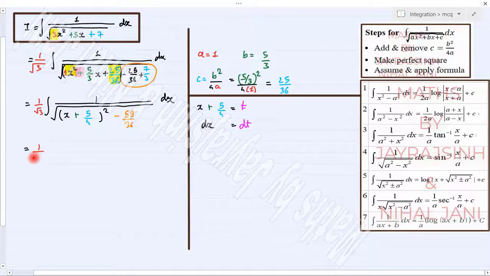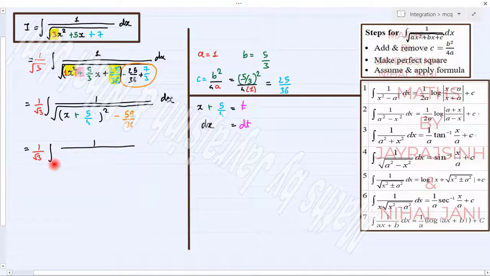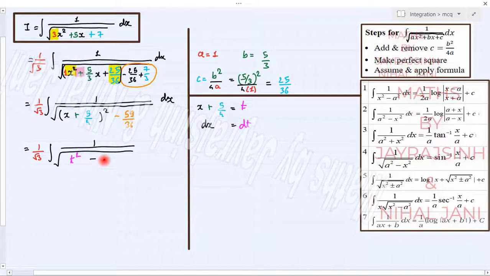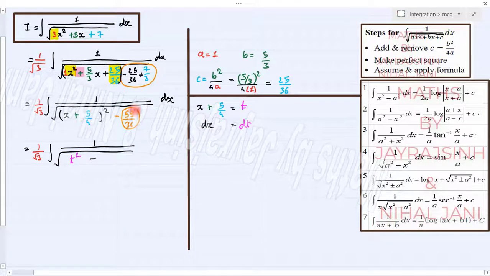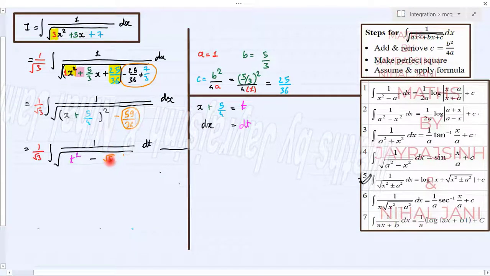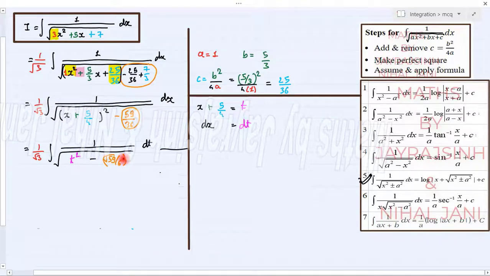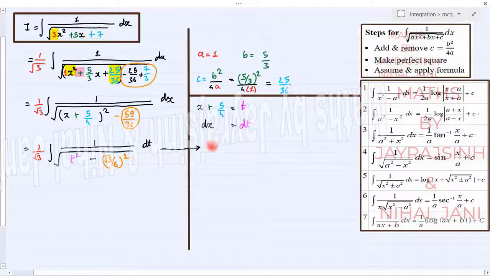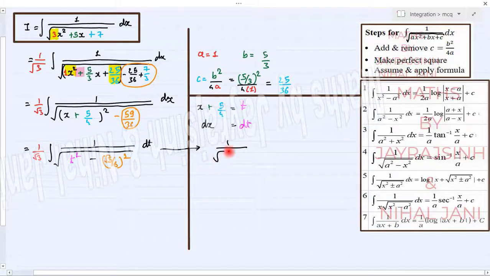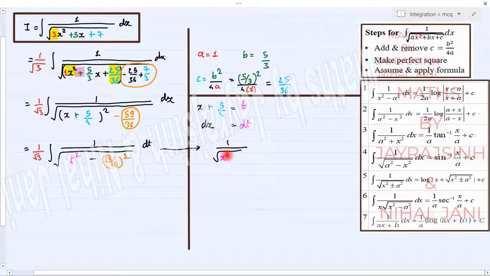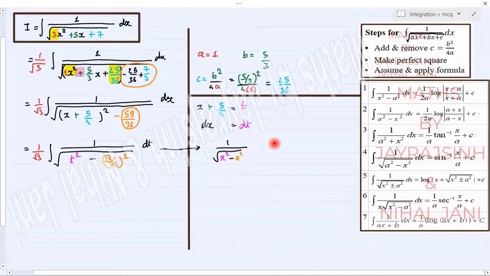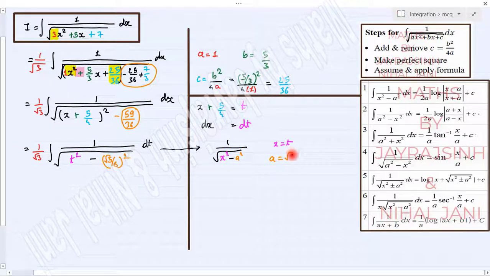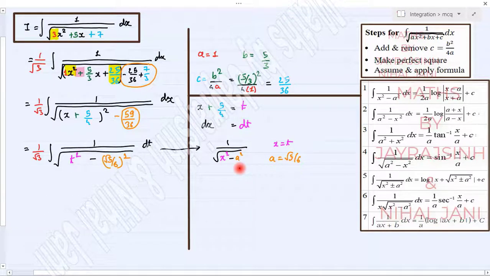So we can say our integration will be modified as bracket here, which we assume as t square, minus this 59 by 36, square of root 59 by 6, dt, which is in the form of 1 upon under root of x square minus a square, where your x is t and a is root 59 by 6.